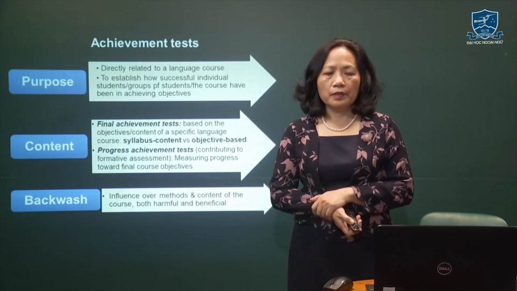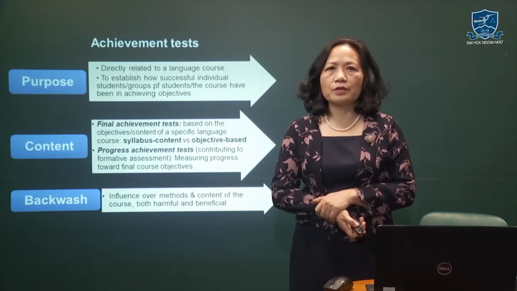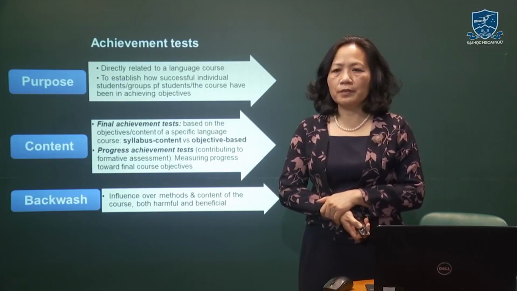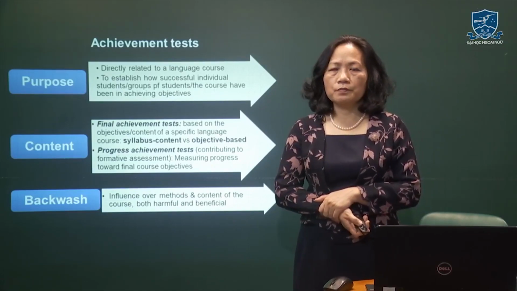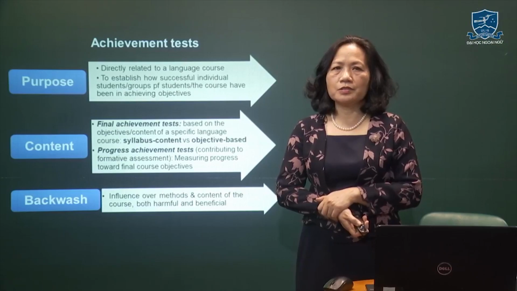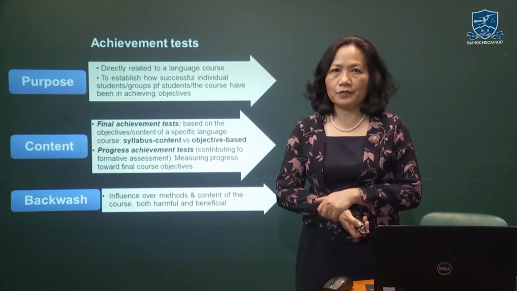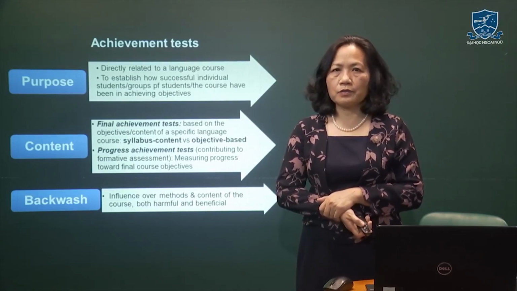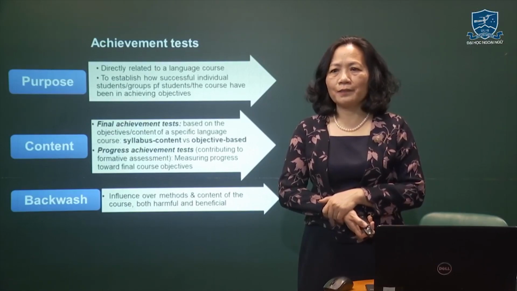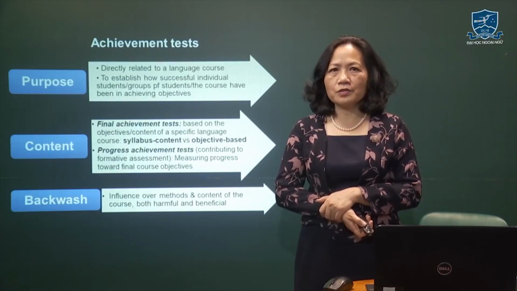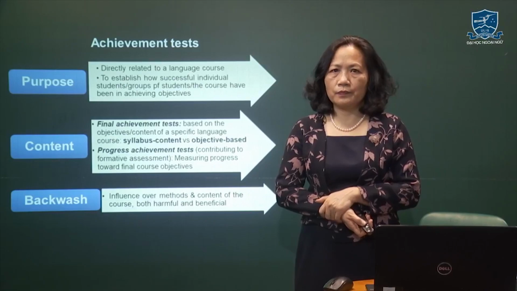So if you want to measure the achievement of a course, it is more accurate if you base the test on the objectives of the course to find out whether all the objectives of the course have been achieved or not.